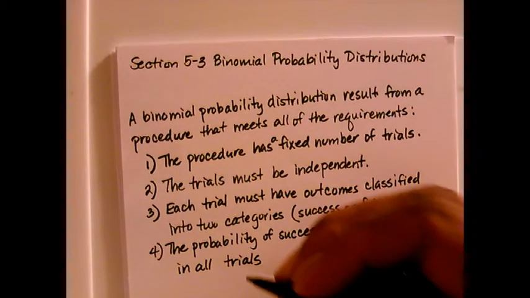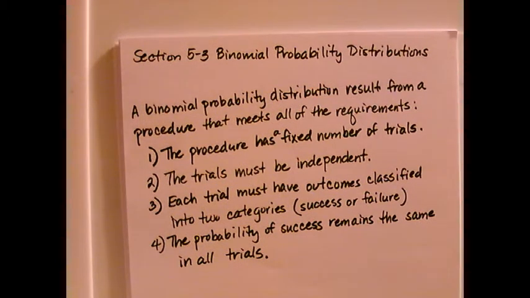So these are the 4 requirements for a binomial probability distribution. You must have a procedure with a fixed number of trials. Then your trials must be independent. And then each trial must have outcomes that are classified in 2 categories. Either success or failure, for example. And the probability of success remains the same in all trials.